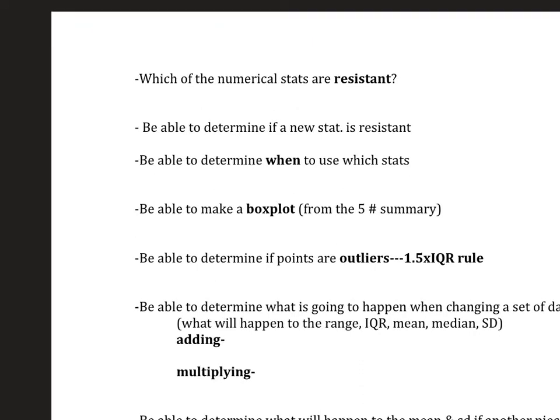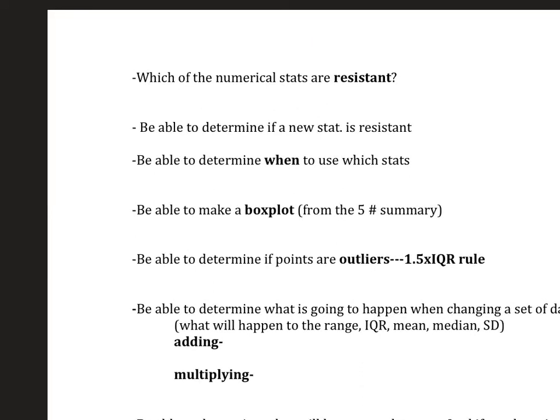Let's look at the rest of it. Here we go. So which of the numerical stats are resistant? So which ones are? Do you remember? We've got the IQR is a resistant measure, and also the median. Okay. Be able to determine if a new stat is resistant.